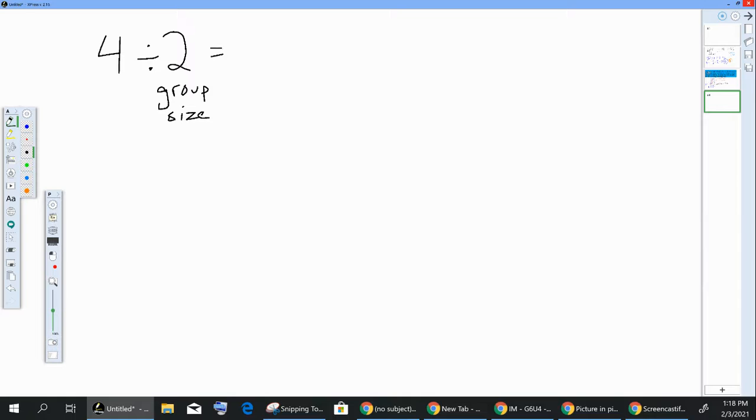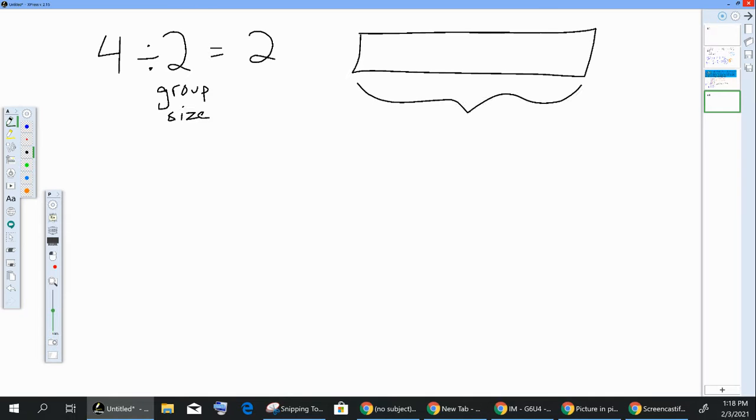So 4 divided by 2 is 2, and really what that looks like is if this entire diagram represents the whole 4, and you divide into a group size of 2, you have 2 groups of 2, right?